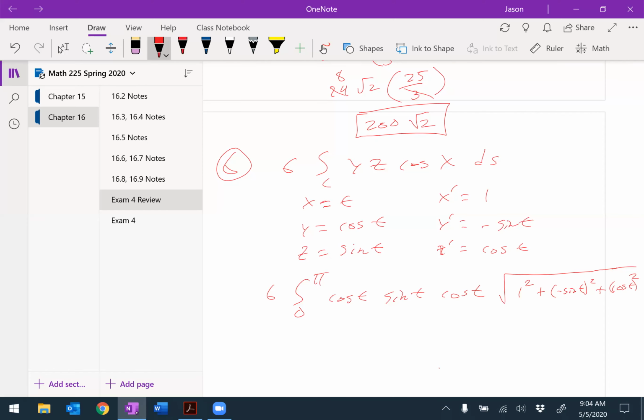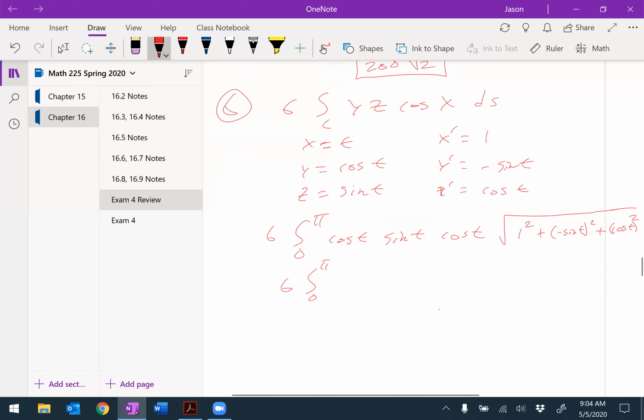So this becomes 6 times the integral from 0 to pi of cosine squared t sine t times the square root of 1 plus, this is just going to be sine squared plus cosine squared, which is our Pythagorean identity of just 1. So that just becomes 1 plus 1, square root of 2. So this is 6 radical 2 times the integral from 0 to pi of cosine squared t sine t dt. There's a dt over here.